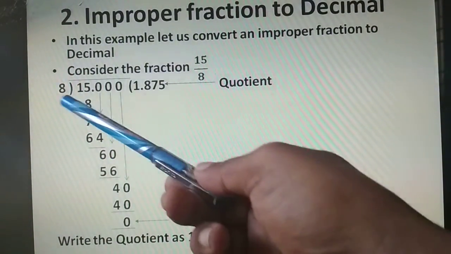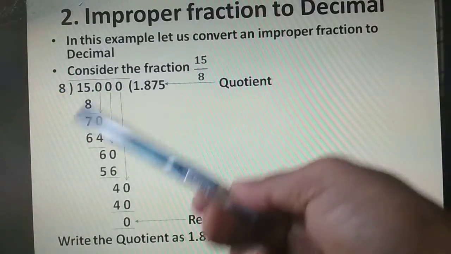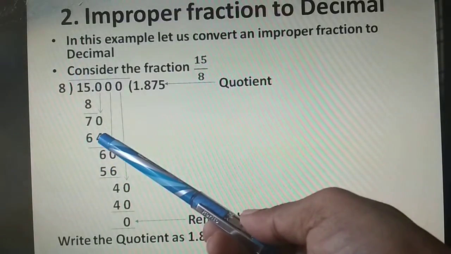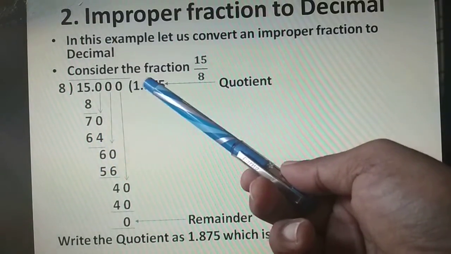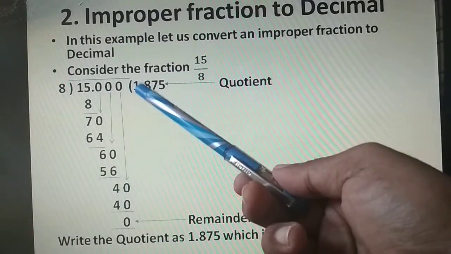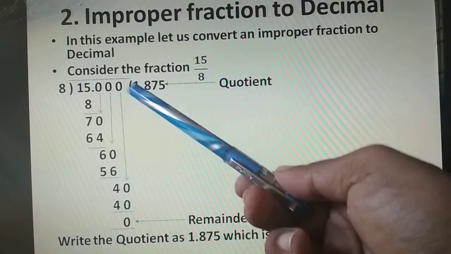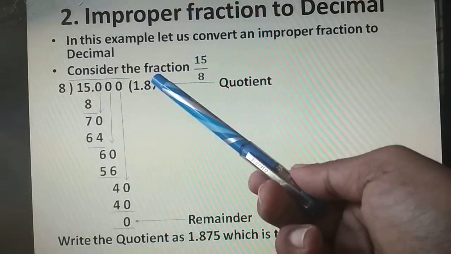So we should see how many times 8 goes into 70. Keep the tables ready. 8 8s are 64. So 8 we can put here after the decimal point. Be careful to put a decimal point even in the quotient. If you don't put the decimal point, it will become 1875, which will be an absurd answer.